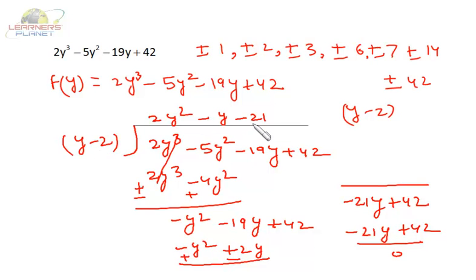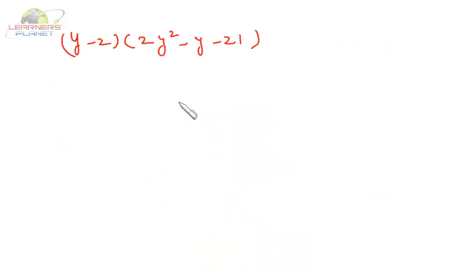Now we have to check whether this quadratic polynomial can further be factorized or not. So let's check. Now let's try to factorize it. It's 2y square minus y minus 21. Now this is a quadratic polynomial, and we have to choose two numbers whose product is minus 21 into 2, that is minus 42.